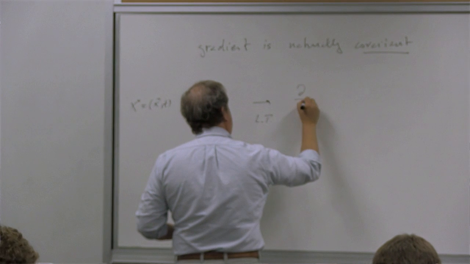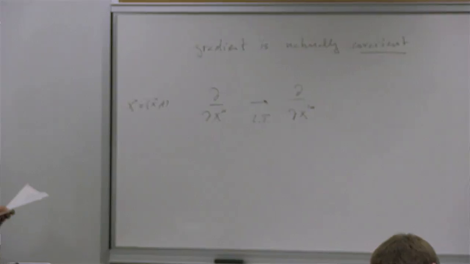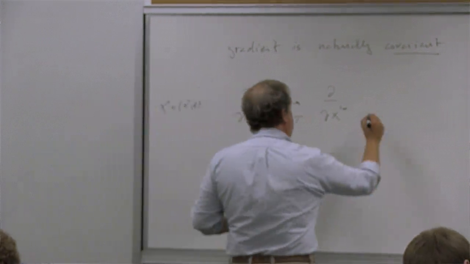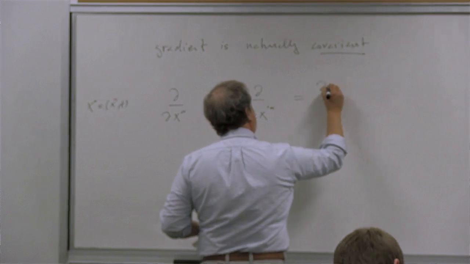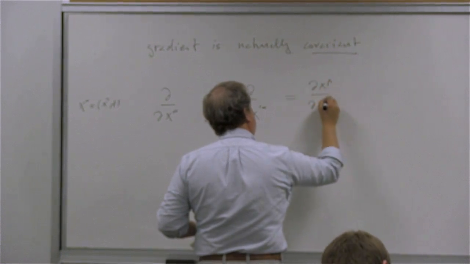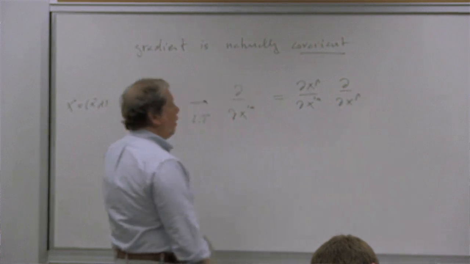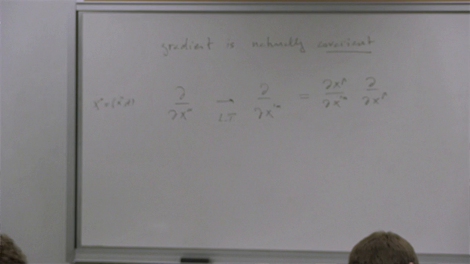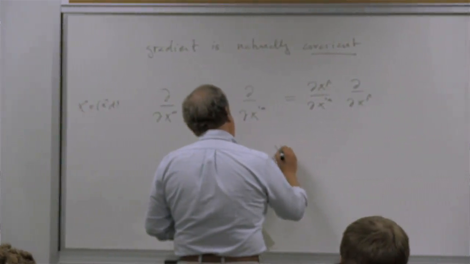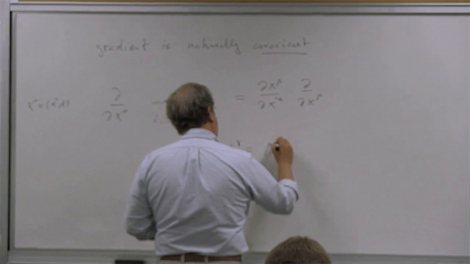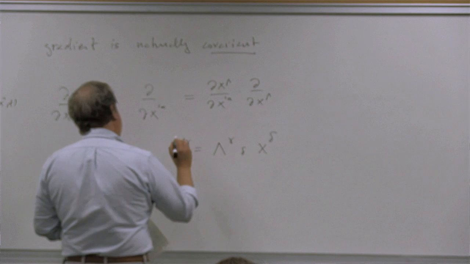then this goes into a dx prime alpha like this, right? And now we can just use the rule that this is equal to dx beta by dx prime alpha times d by dx beta. You can write it in this way by just multiplying and dividing by differentials. And now remember that x gamma is equal to lambda gamma delta times x delta prime.